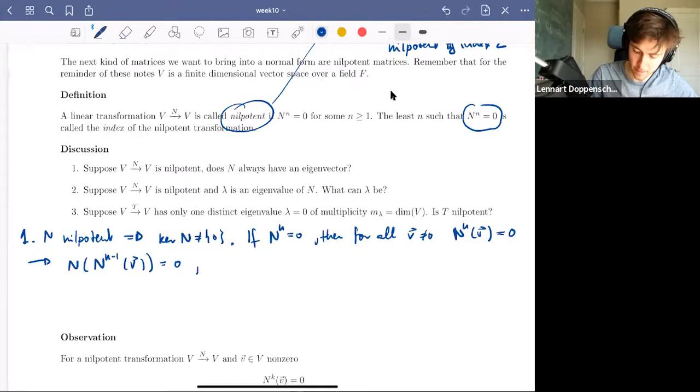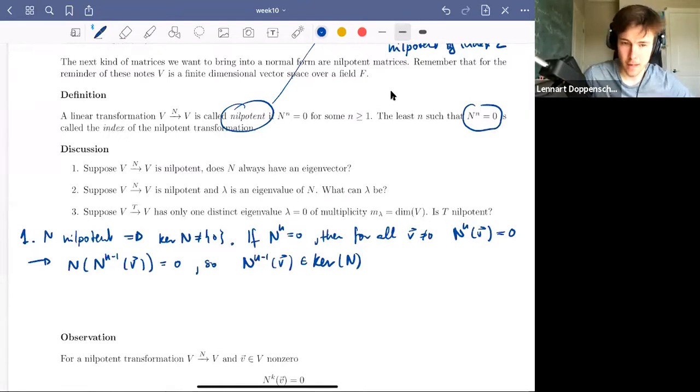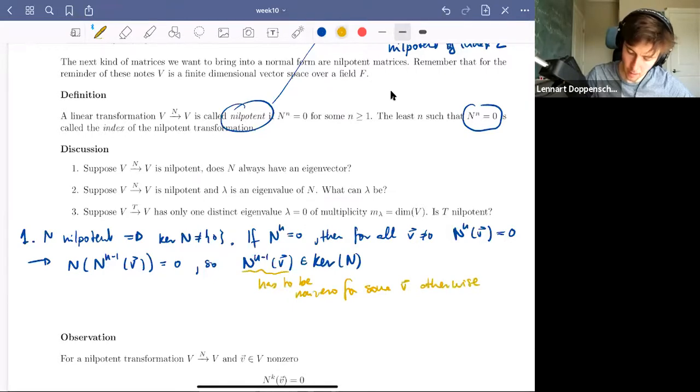And so finally, N to the n minus 1 of v is in the kernel of N. Now, the only thing we have to be careful about is that this has to be non-zero for some v, because otherwise the index was n minus 1 and not n.